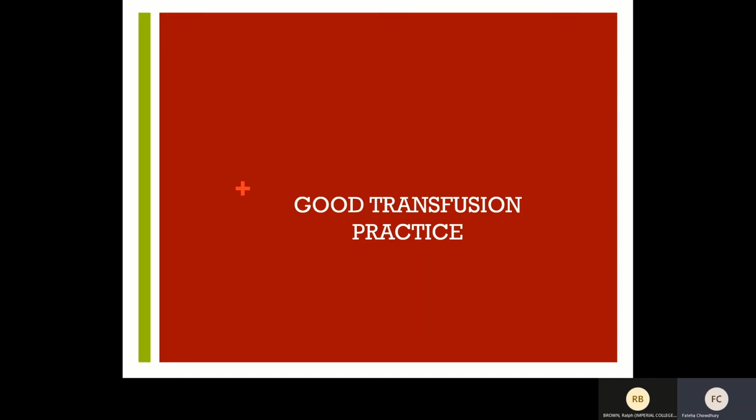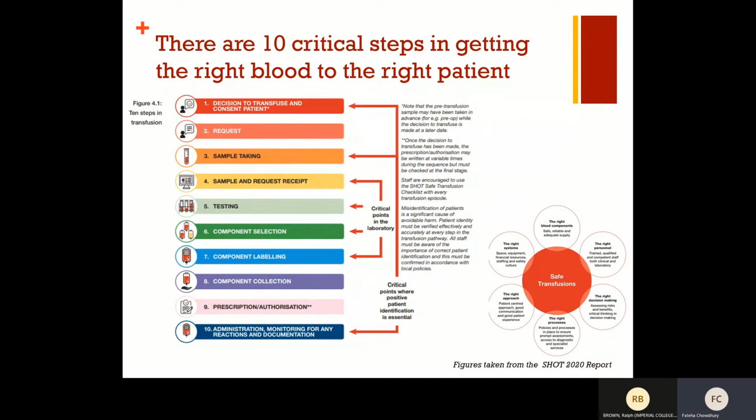So good transfusion practice, I'm sure you're all aware of the 10 critical steps in getting the right blood to the right patient. And I've taken these figures from the SHOT 2020 report. On the right-hand side, in the diagram here, we've got 6 things that need to be in place for transfusion to be safe.